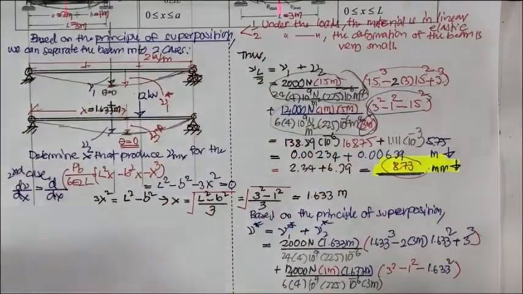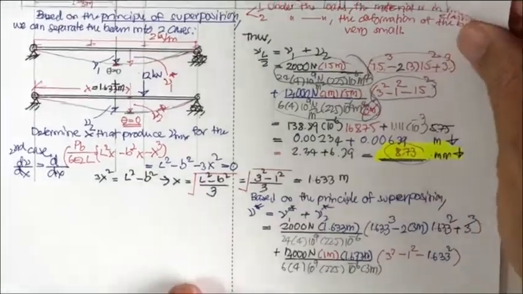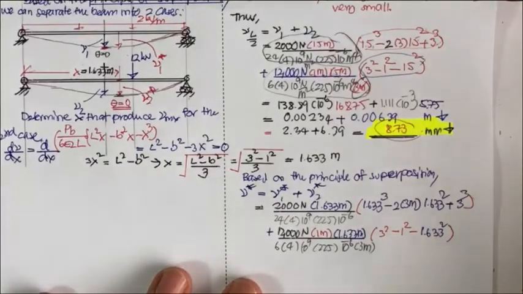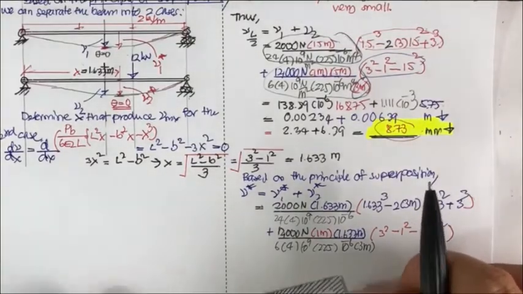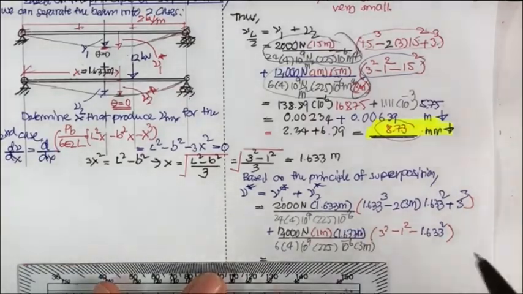If you do this, you may get 2 portions of this. And again, if you compute slowly, you may get this one equal to the first part.